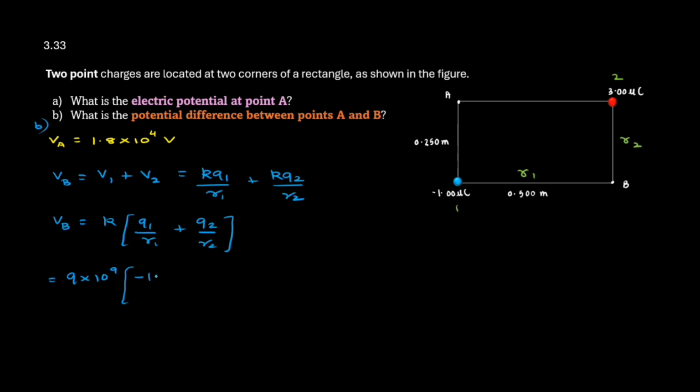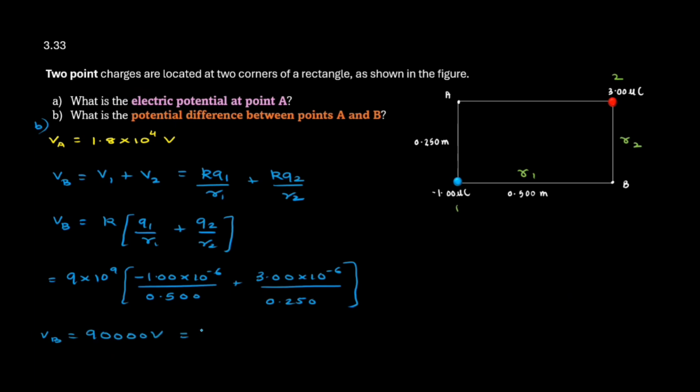Q1 again -1 microcoulomb, distance R1 now is 0.500, plus Q2 3 microcoulomb and the distance is 0.250. When you solve this, you get potential at point B to be equal to 90,000 volt, or you can write this as 9 times 10 to the power 4 volt.